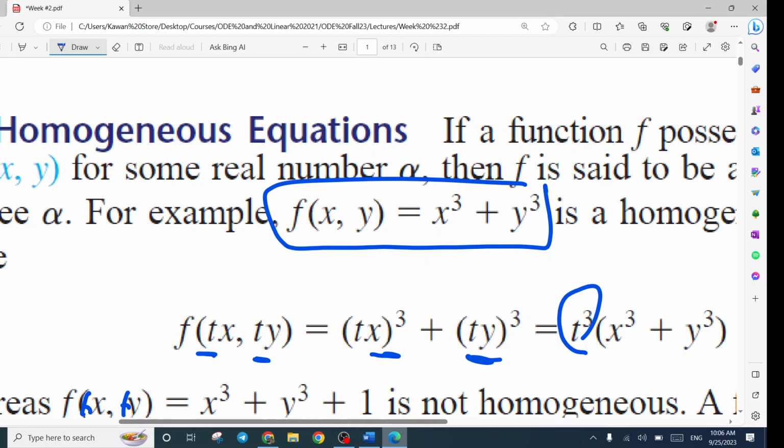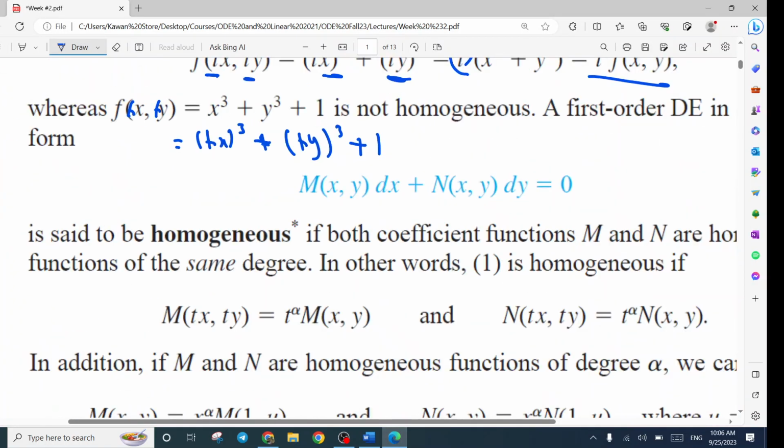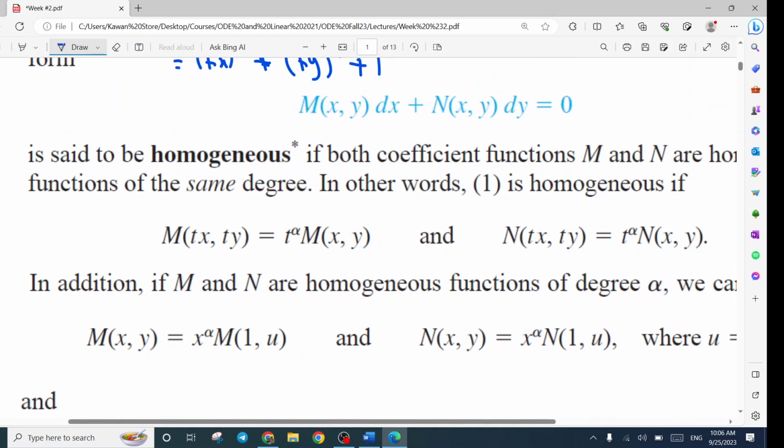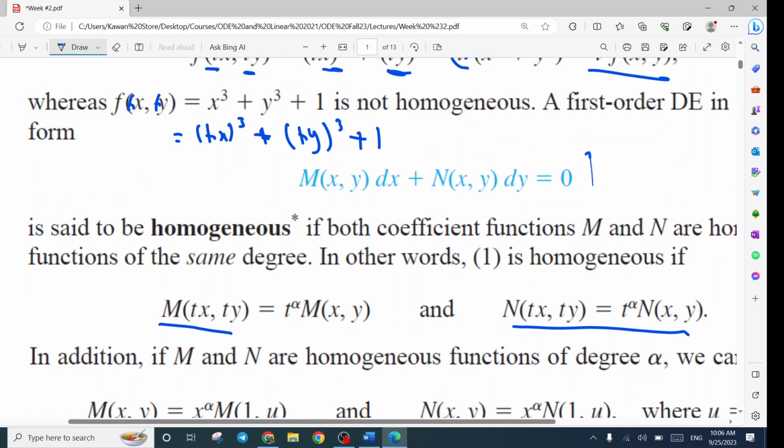Good. Now I'm going to show you this formula. Look, I have M of tx, ty and N of tx, ty. What do you mean by M and N? This is my formula. Sometimes your question is like that.